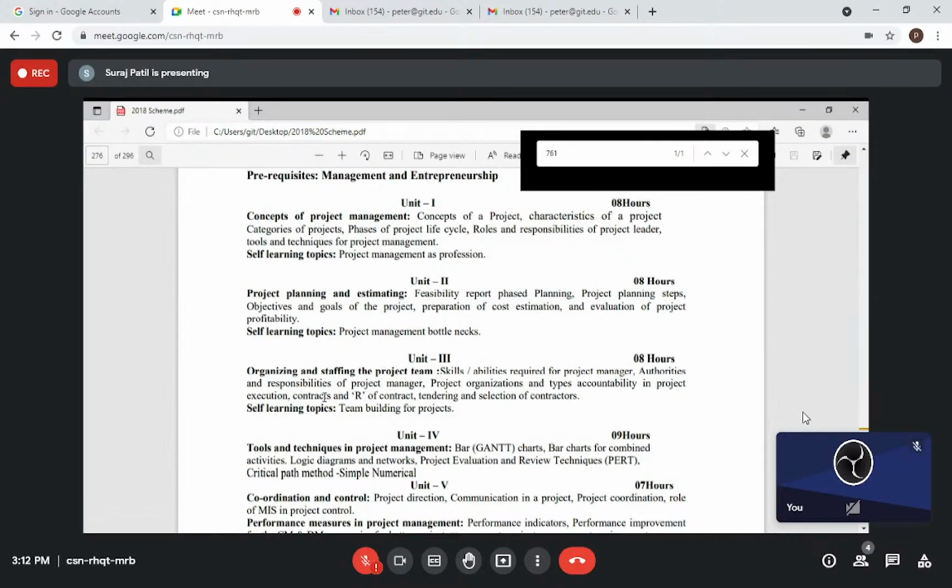What do you mean by contracting? What are the three R's of contracting: risk, responsibility, and reimbursement? What is tendering? Selection of tenders, how you are going to call the tenders. Team building for the projects. All this we are going to study in the third unit.